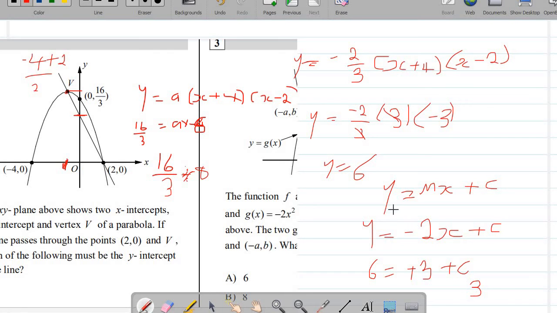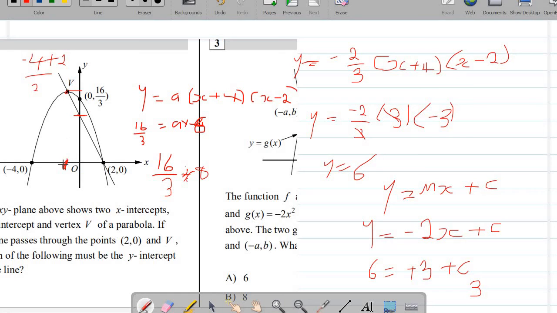It's 0 equal to minus 2 plus c, and x equal to also 0. So y equal to c, and put 6 in here.